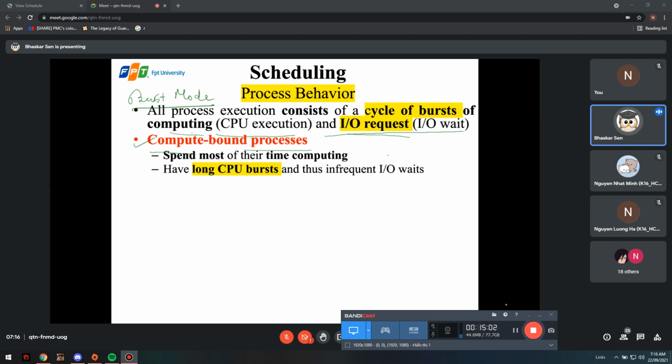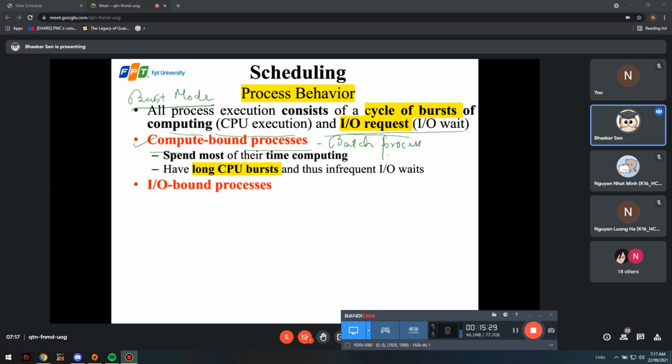This is a process categorization based on their behavior. An example for that is most of the batch system processes, or batch processes, which are compute-bound processes. The second one, IO-bound processes, is just the opposite.